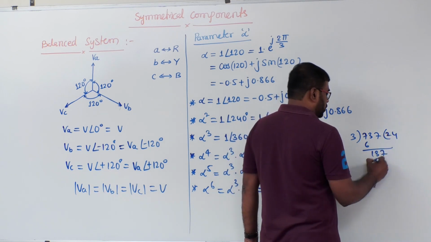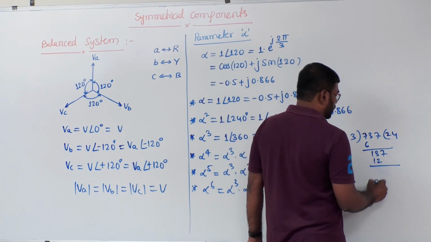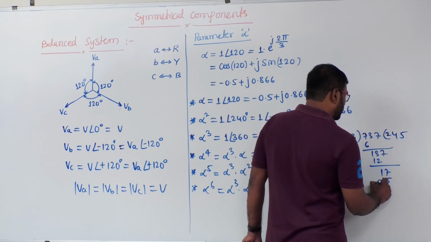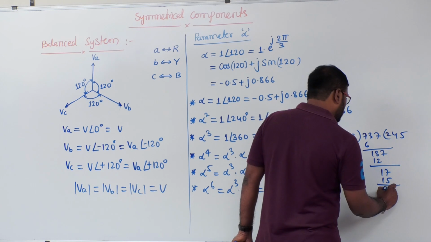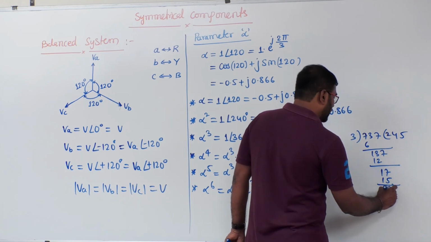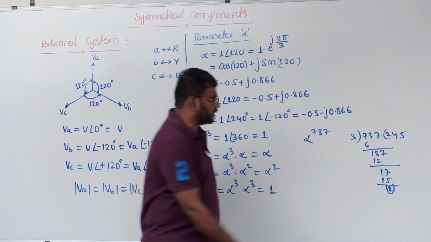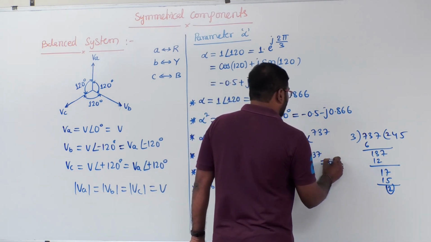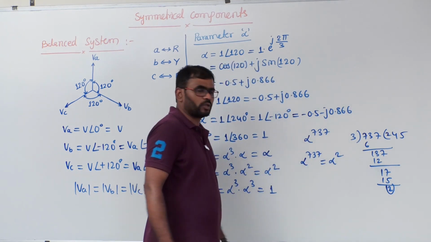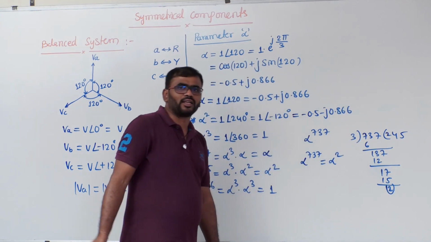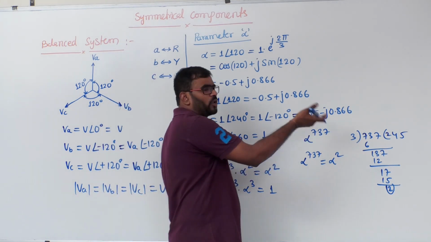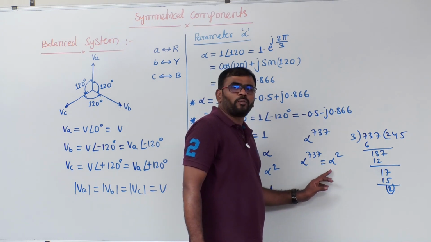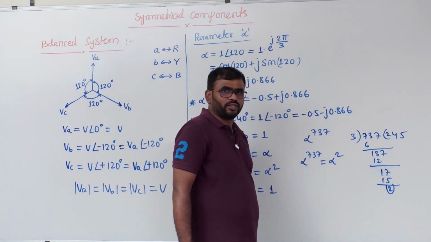Then 3 4s are 12, so 13 minus 12 is 1 and 17 we got. Then 3 5s are 15, so 17 minus 15 is 2. So finally the remainder is 2. That's why alpha power 737 is alpha square. The remainder is the answer. Like that, any problem given like this, you can solve. So alpha power the remainder is the answer.